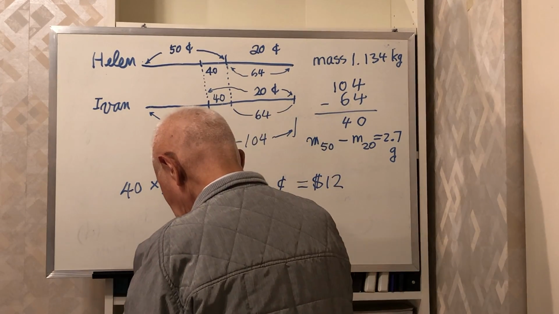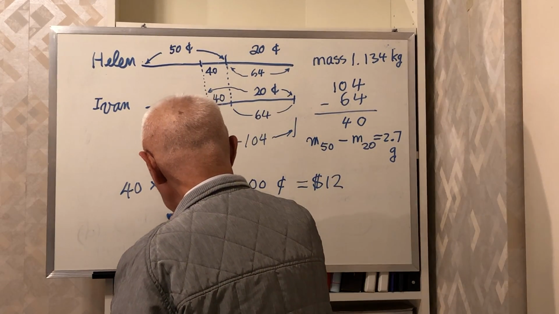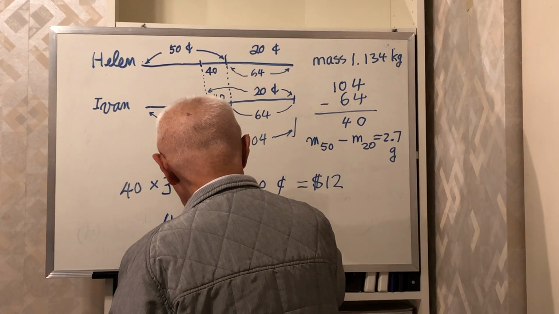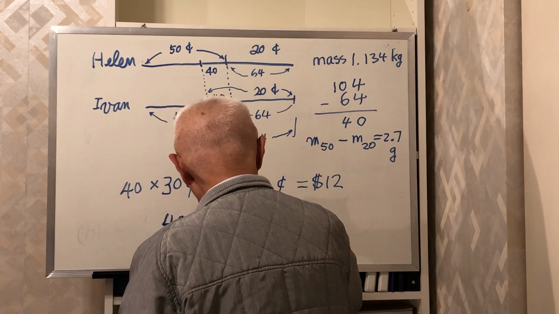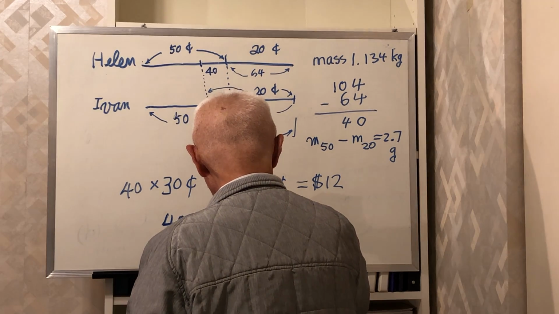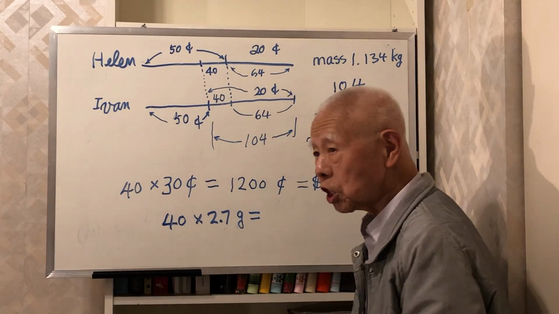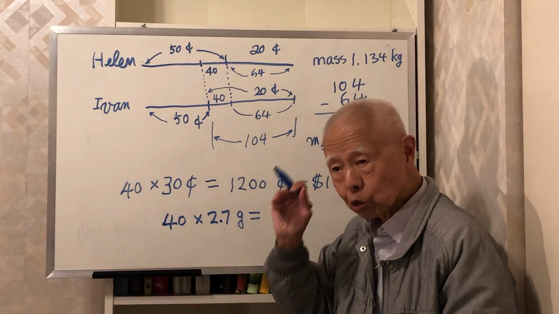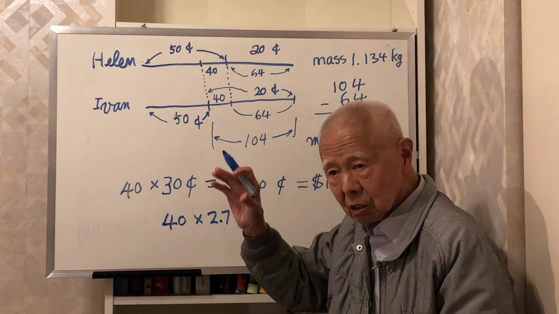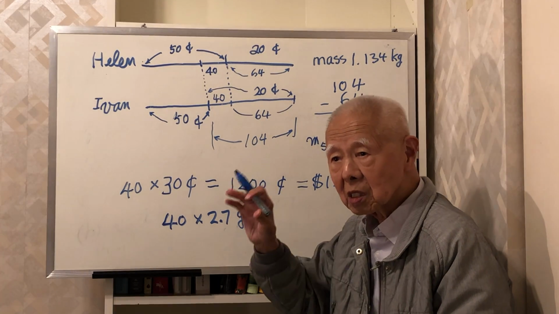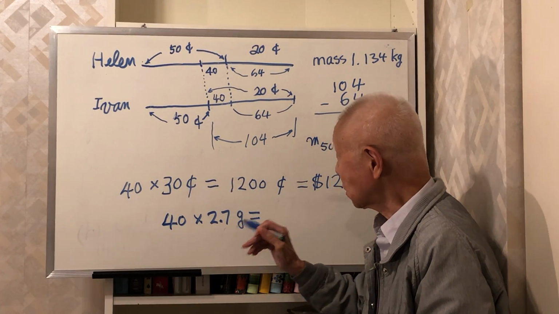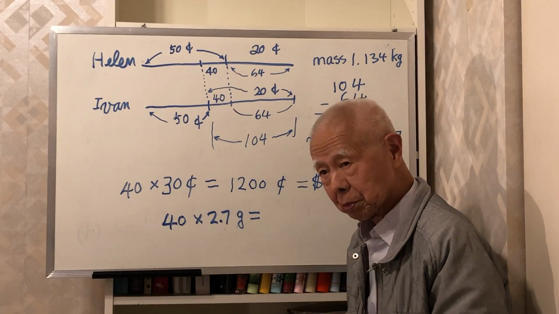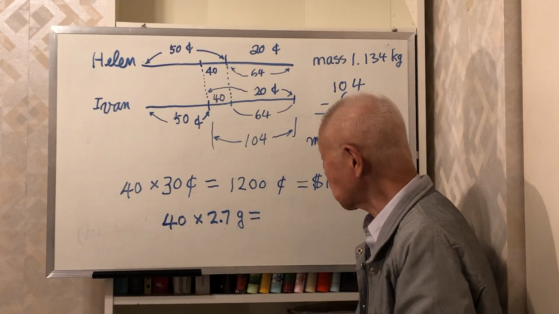The difference is 40 times 2.7 grams. Each coin, 50-cent coin and 20-cent coin, you compare each coin, the difference is 2.7. But I have a total of 40 coins, so the difference is this much.